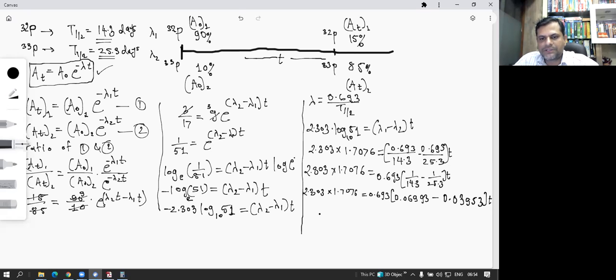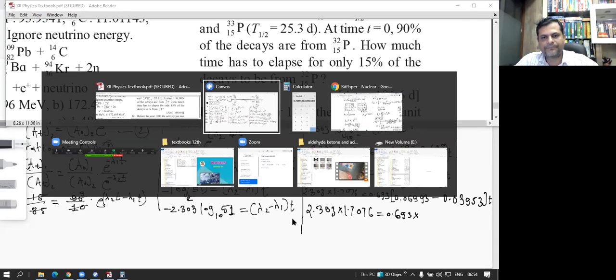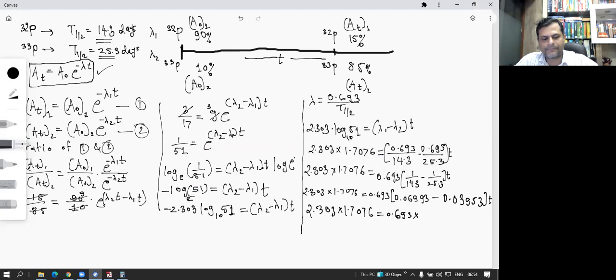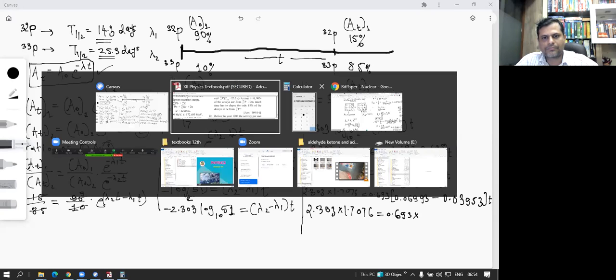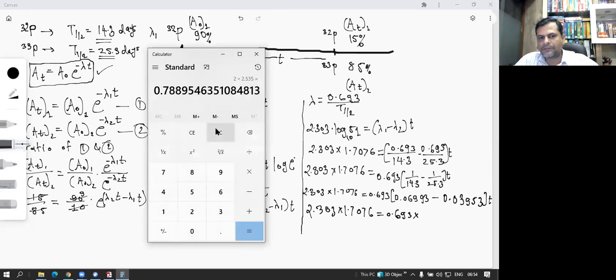Now we can take the difference of these two numbers and get 2.303 into 1.7076, which is equal to 0.693 multiplied by the difference of these two, which can be easily found using the calculator.